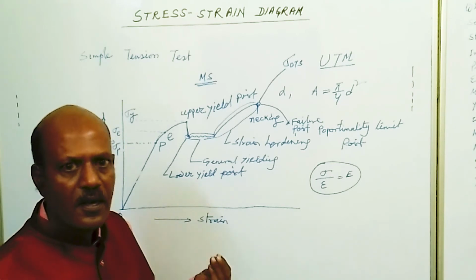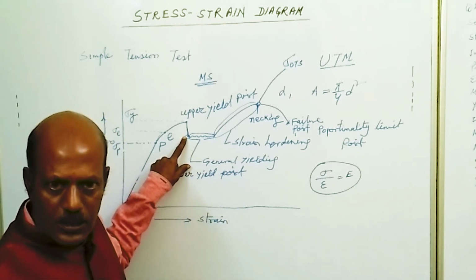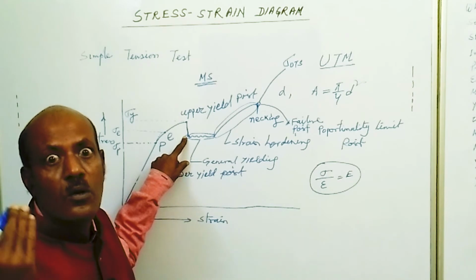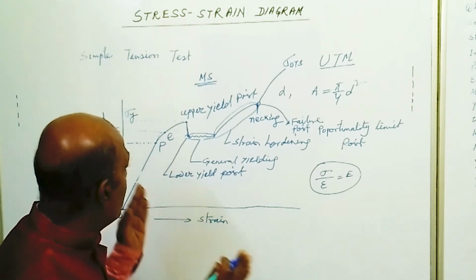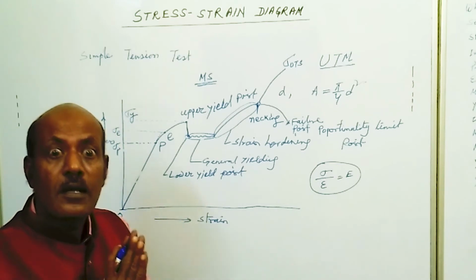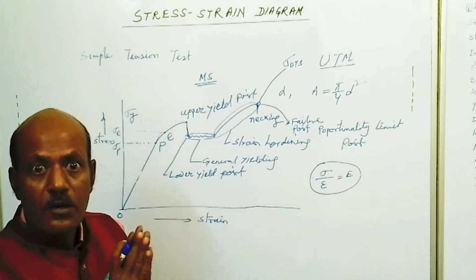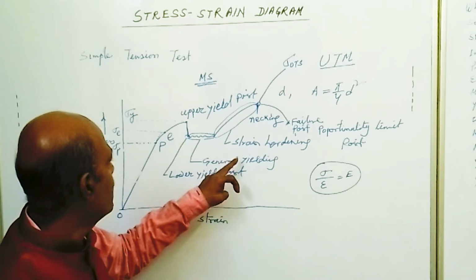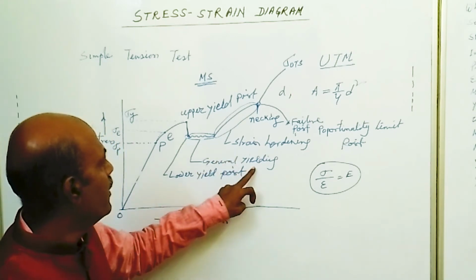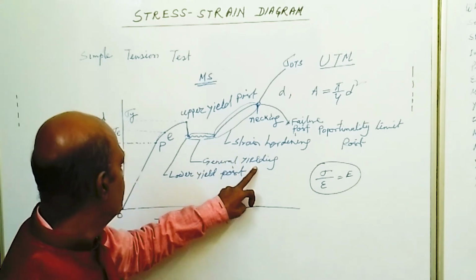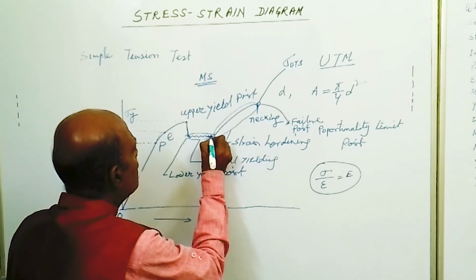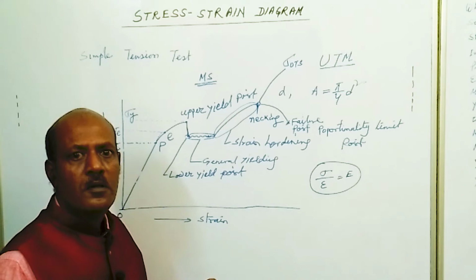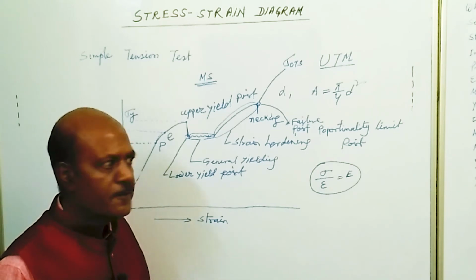Thereby a lower load is required. So at lower load the body will deform, and the deformation will take place at every cross section of the body. That's why it is called general yielding. Yielding means deformation. This sawtooth type curve is because of the movement of the defects in the body.